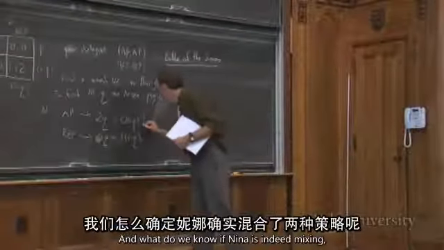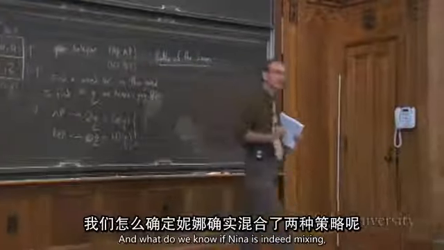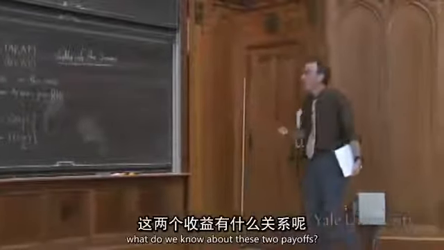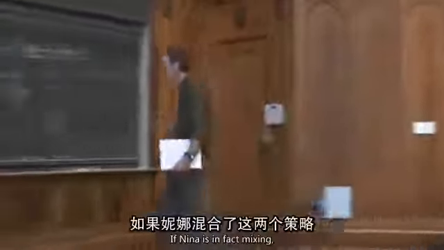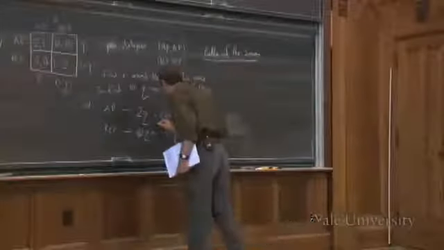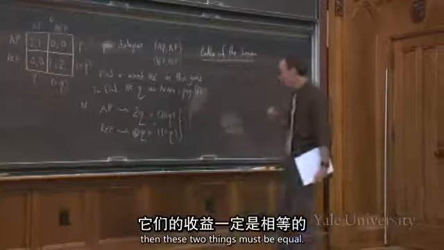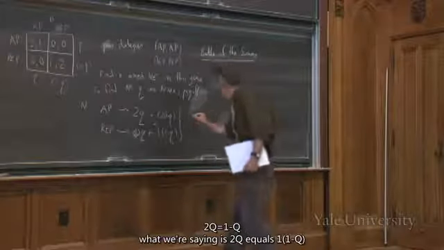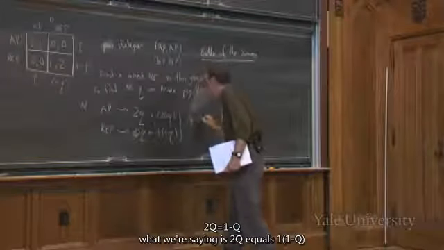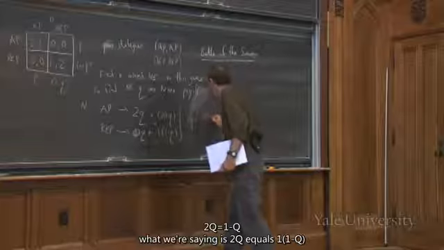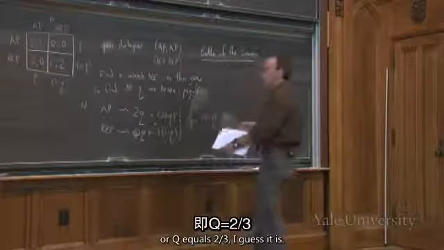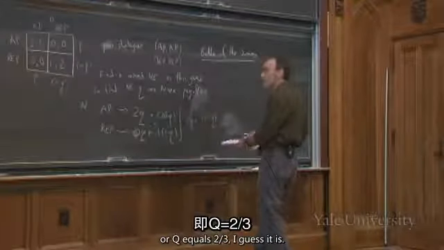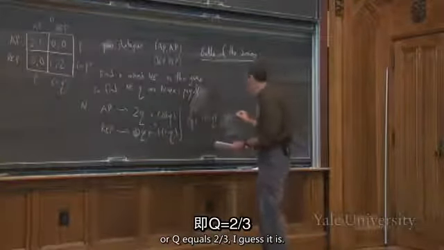And what do we know if Nina is indeed mixing? What do we know about these two payoffs? They must be equal, right? If Nina is in fact mixing, then these two things must be equal, and that means 2Q equals 1 minus Q, or Q equals 2/3, I guess it is.